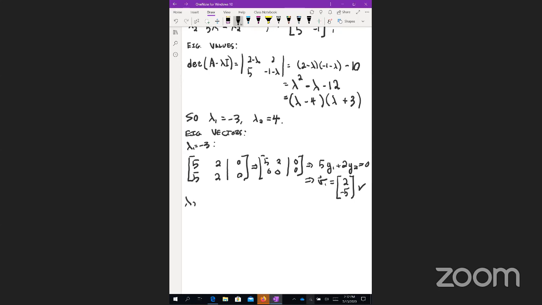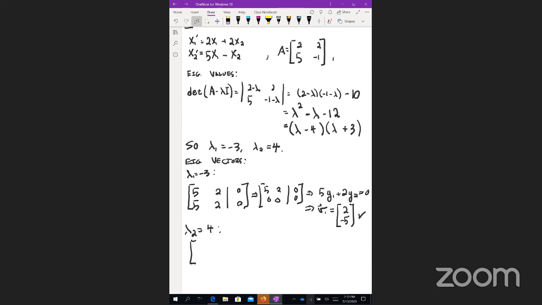Similarly, lambda 2 is going to be equal to 4. We have the augmented system then, so subtracting that off, minus 2, 2, 0, 5, minus 5, 0, and then minus 2, 2, 0, 0, 0, 0.